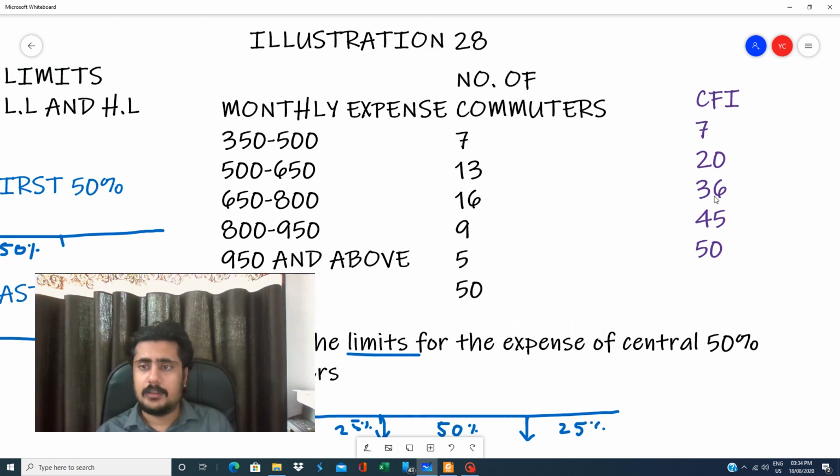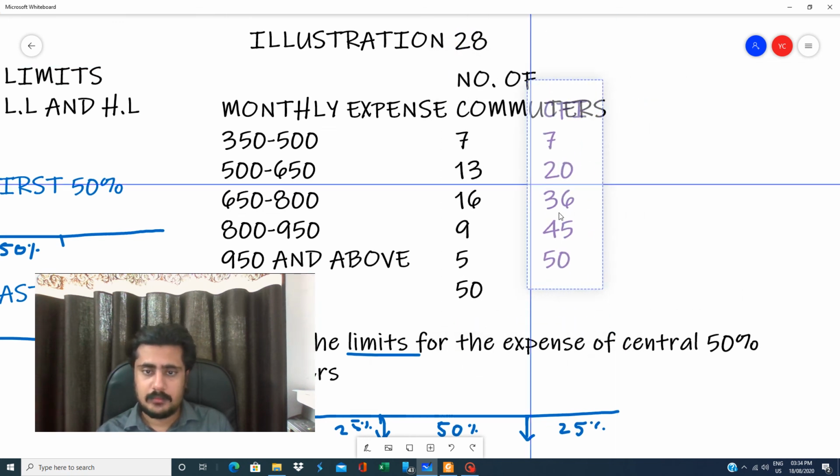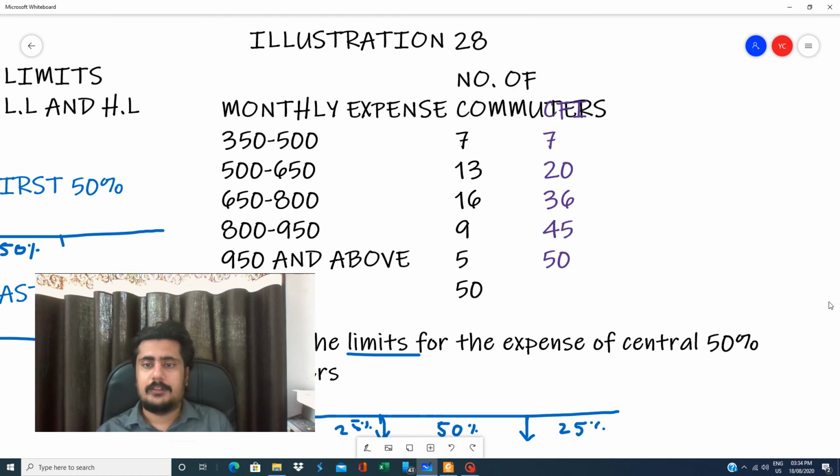Let me arrange this. So this is your CFI.